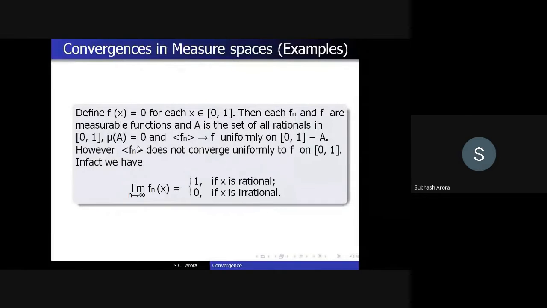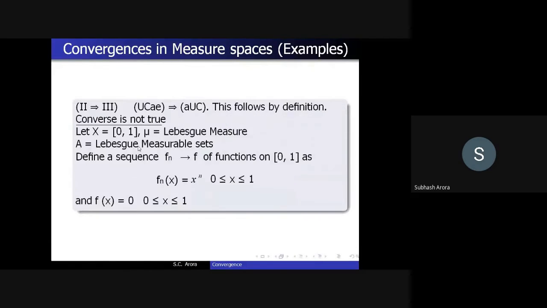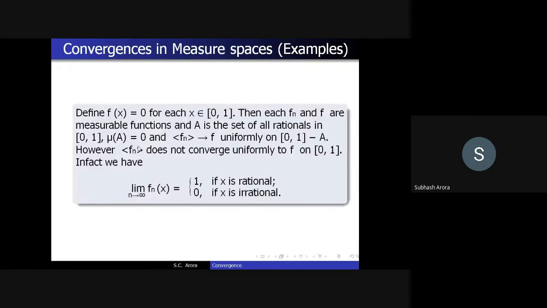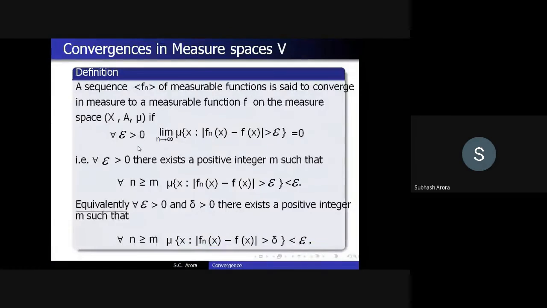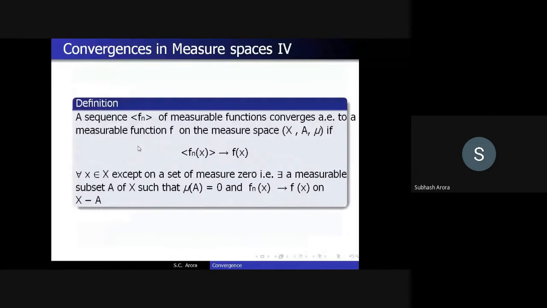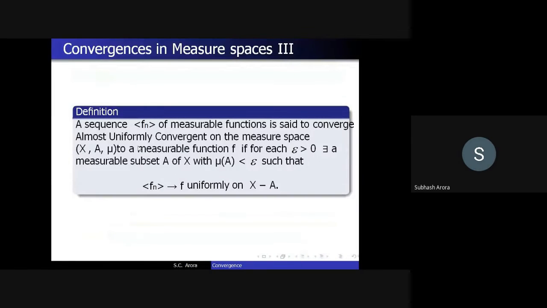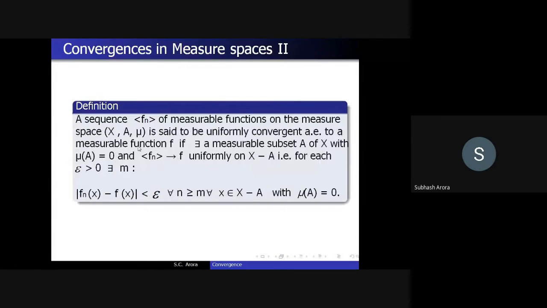Then, the second example: uniform convergence almost everywhere implies almost uniform convergence. Let us recall what uniform convergence almost everywhere is. That means, leaving a set of measure 0, it is uniformly convergent.